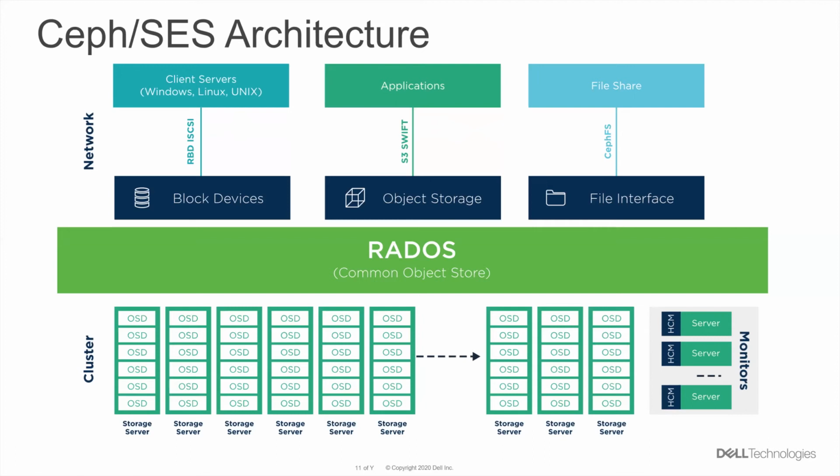So the client talks to the monitors, gets the map of who's up, who's down, and all that. It calculates the data placement and talks directly to the daemons for each storage device. What this means is you have extreme levels of scalability because you're not going through a bottleneck gateway.